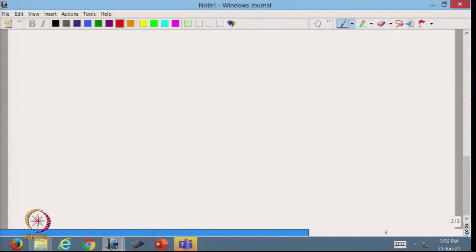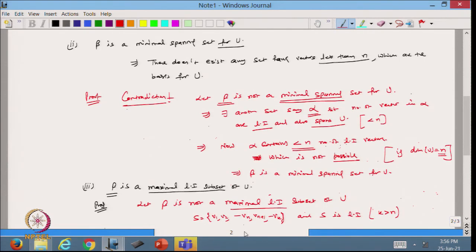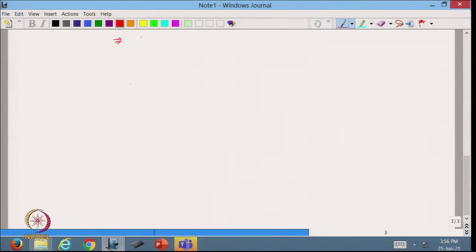Now, we already know, so if it is not the maximal, this is the maximal. Now, from here I can say that the set S is linearly independent and it also spans U. So, which implies that S is a basis.